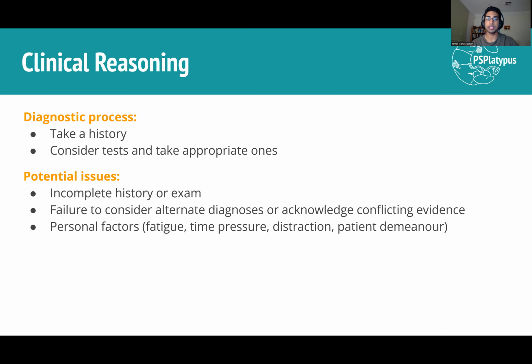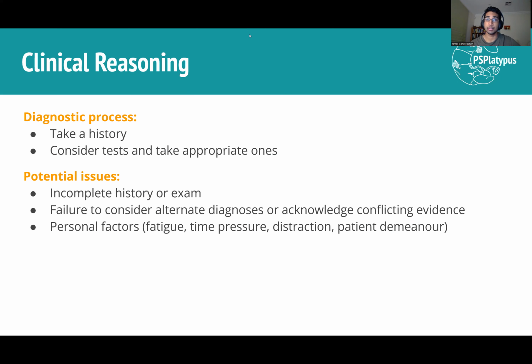So what are the issues with this? So we can have an incomplete history or exam. We can have a failure to consider alternate diagnoses. So you sort of hyperfixate on one diagnosis and then you don't pay adequate attention to other signs, especially if you start to discard signs which are sort of conflicting with your primary diagnosis, because you never want to be doing that.